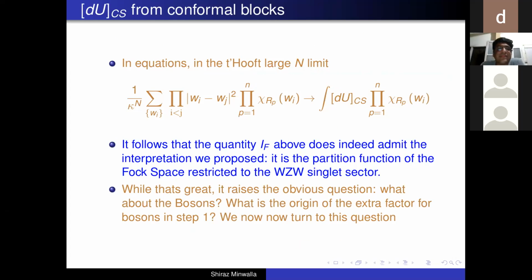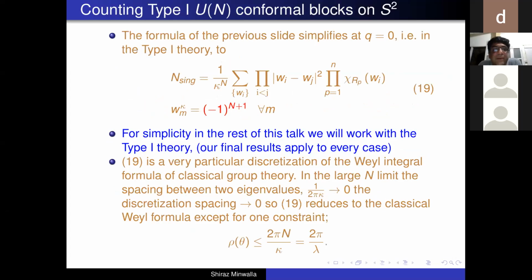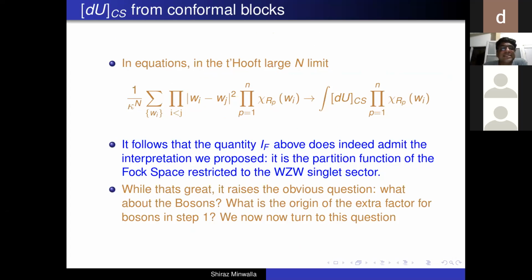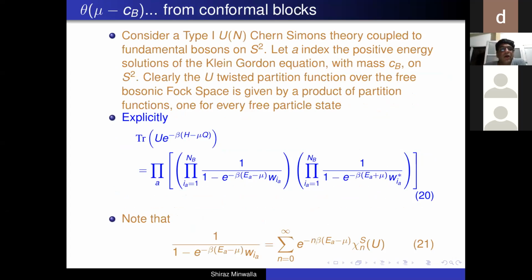So that's where we were for the fermions. Now for the bosons, how does this go? For the bosons, there's an interesting additional twist.